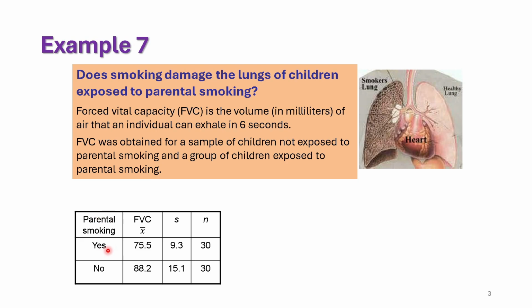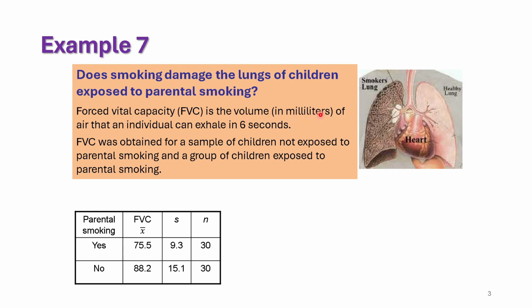If yes, then the FVC mean is 75.5. The children not exposed to parental smoking have a higher FVC, with their standard deviation and number of samples. What is the claim here?